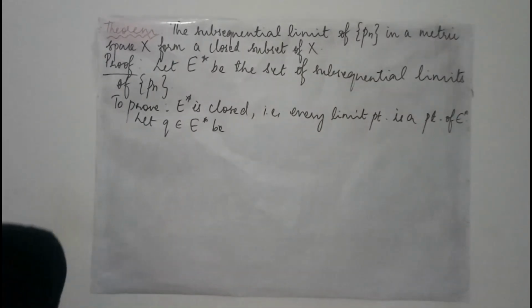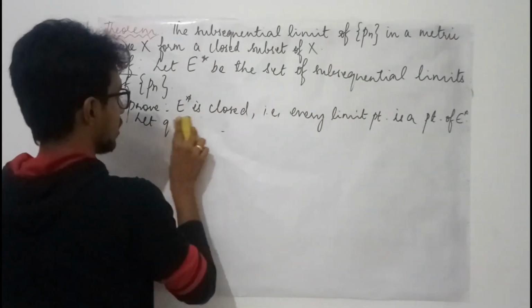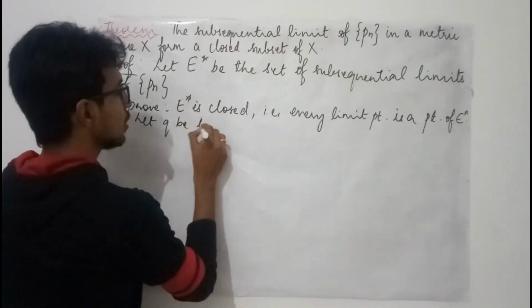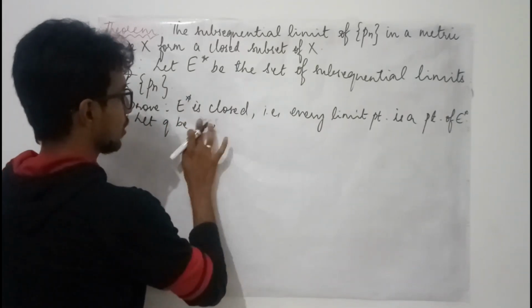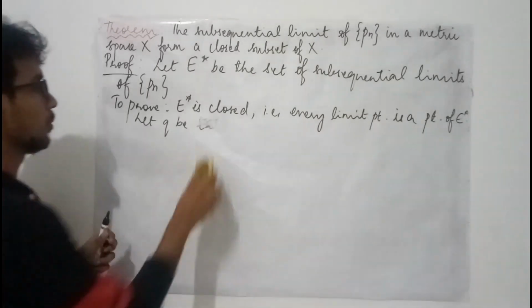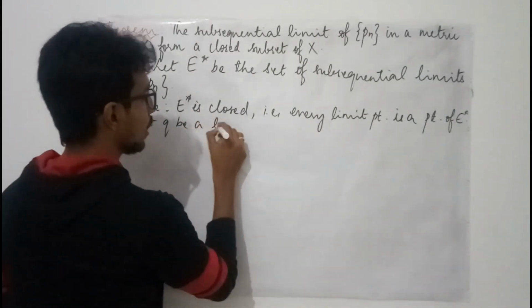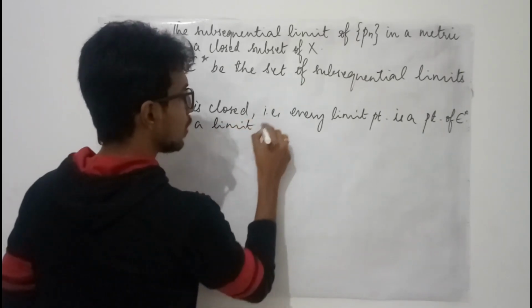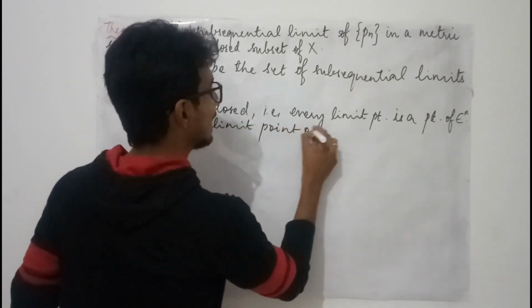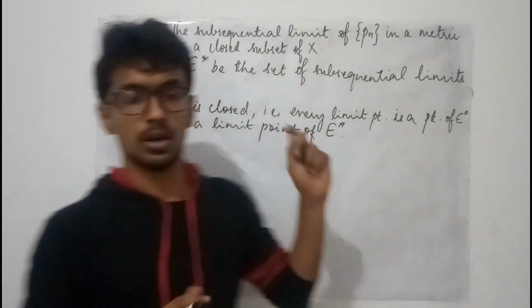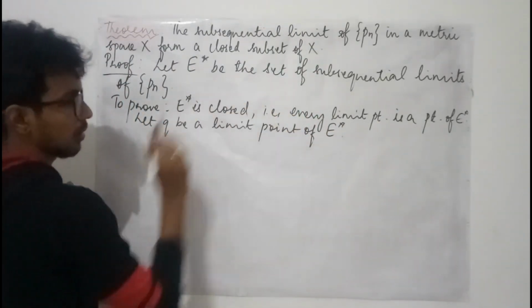I don't know whether this Q is a member of E star or not. I am taking Q to be one of the limit points of this set. Q be a limit point of E star.